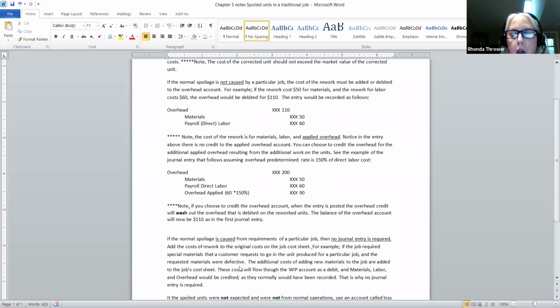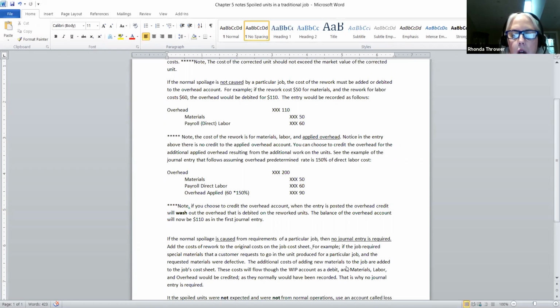So in other words, a customer is saying, I want this particular type of material to go into whatever's being produced for that customer, and that material is defective. Then the additional cost will be added back to the job cost sheet. So the total cost of the job will increase, and there will be no journal entry to record it in the overhead account.